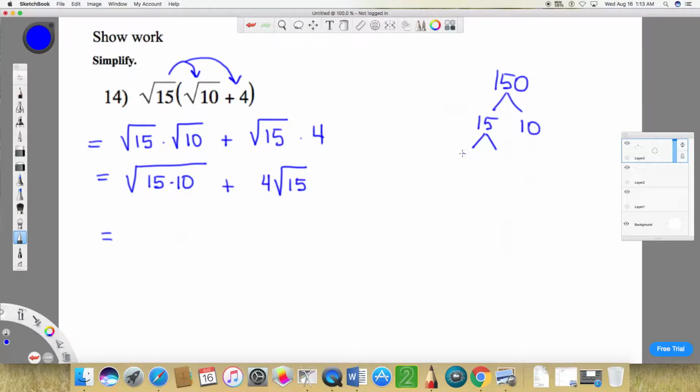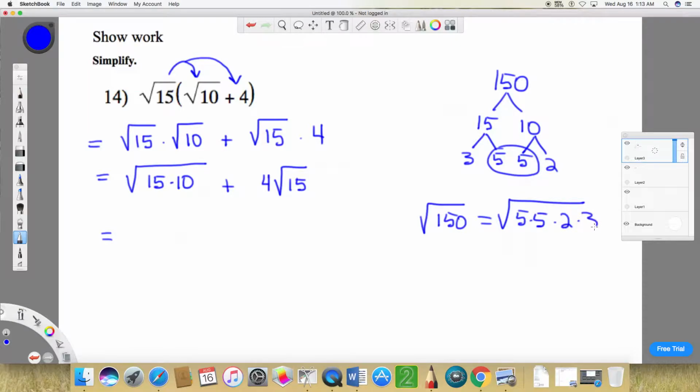We know that 15 breaks down to 3 times 5, and we know that 10 breaks down to 5 times 2. And here we have found a pair. So what this is telling us is that we can simplify the square root of 150, and that we can write it as 5 times 5 times 2 times 3.